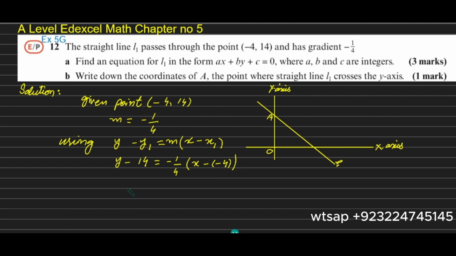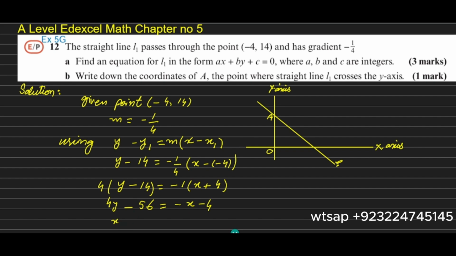Now we simplify it. We have y minus 14 equal minus 1 by 4 into x minus minus 4. This 4 is dividing here, we bring this side. It will be multiplied by these two terms. Here we get minus minus plus 4. Now we simplify it. 4y minus 56 equal minus x minus 4.